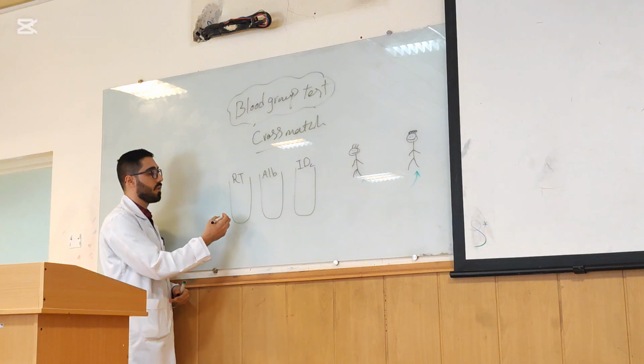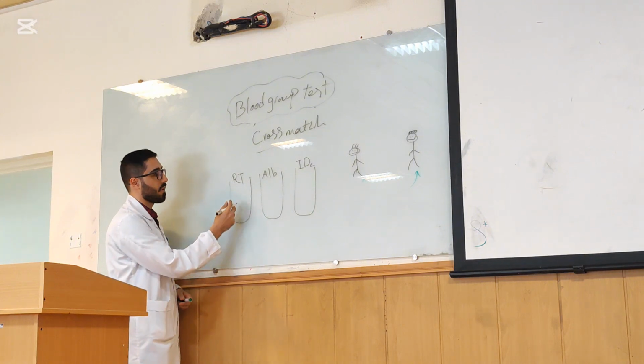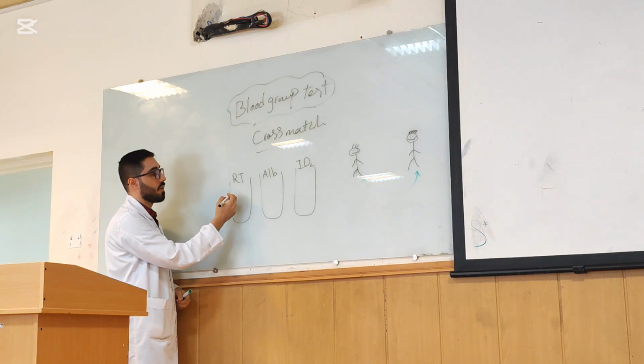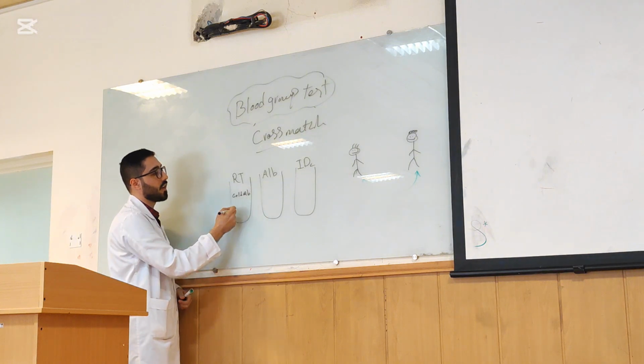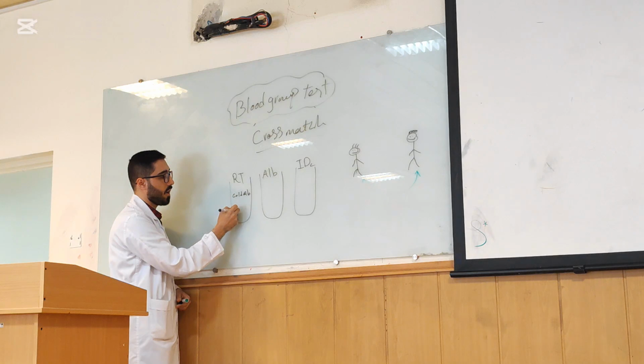We have some shapes of cross-match answers. RT means room temperature, and here we have cold antibody like IgM.